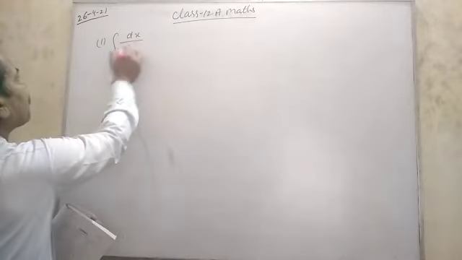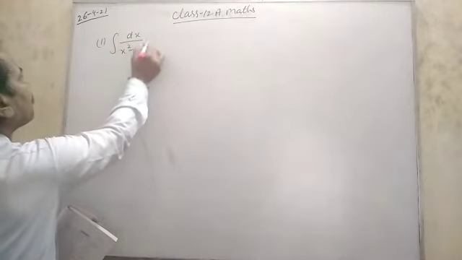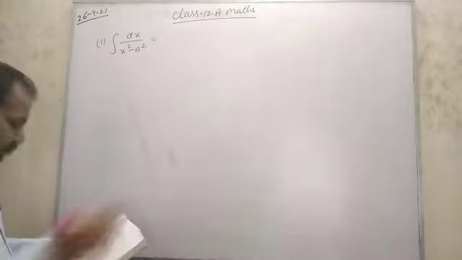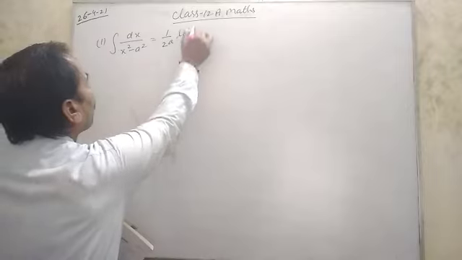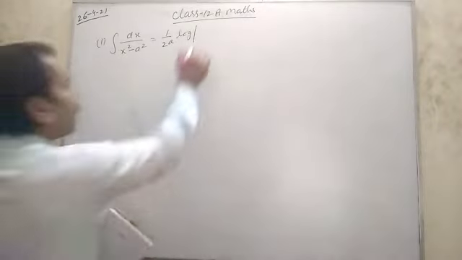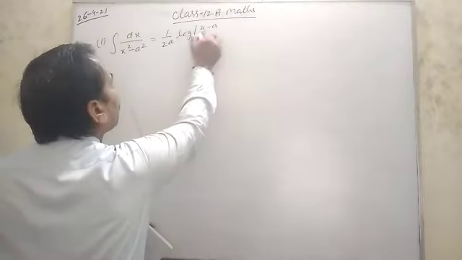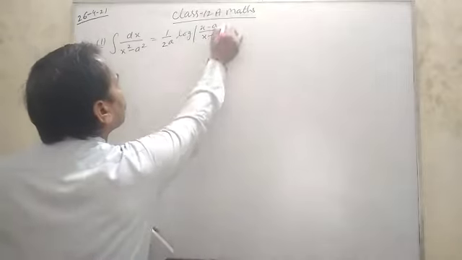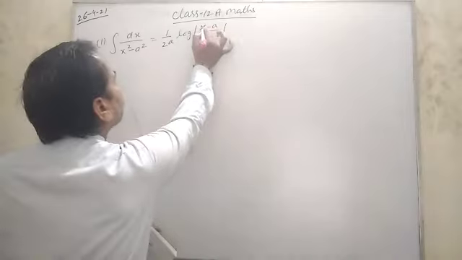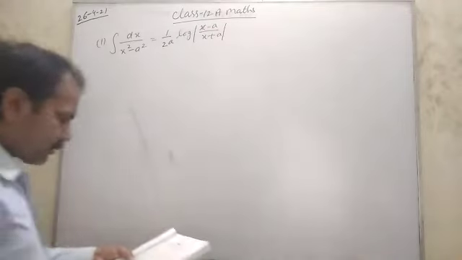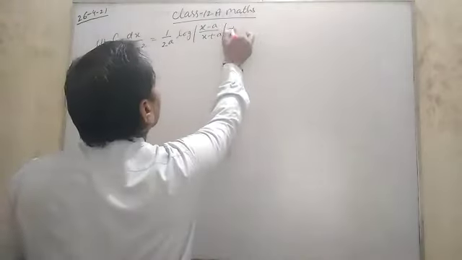Integral dx upon x square minus a square is equal to 1 upon 2a log mod x minus a upon x plus a, plus constant.